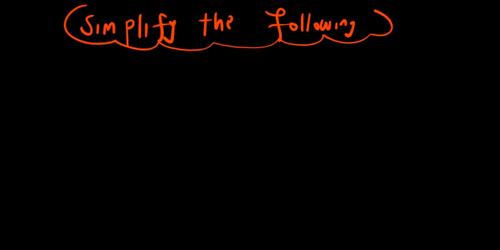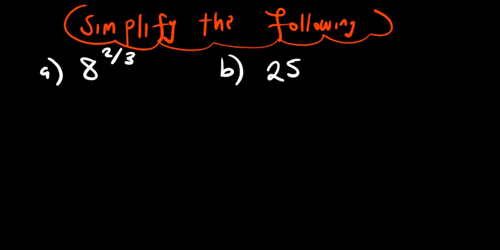Number 1, A, we've been given to simplify 8 to the power 2 over 3. Then B, we've been given to solve, let's say, 25 to the power 1 over 2, or half. Let's say C, we've been given to solve 3 over 4, then there's a negative 2 outside.